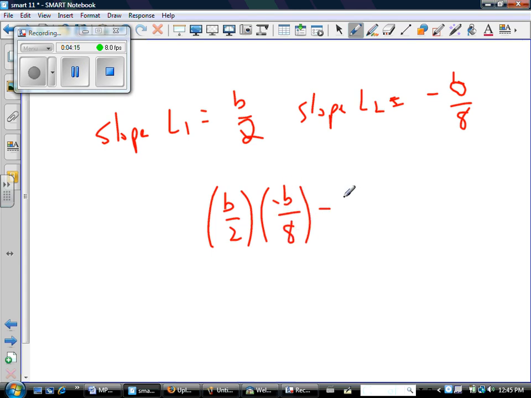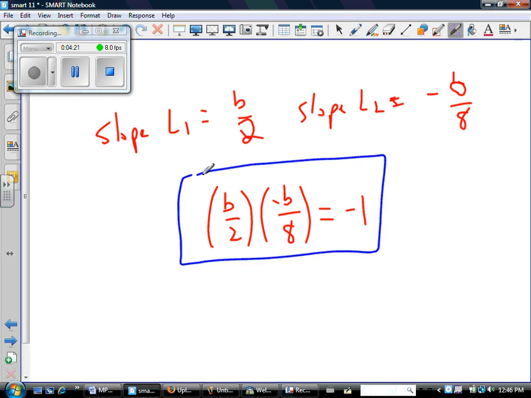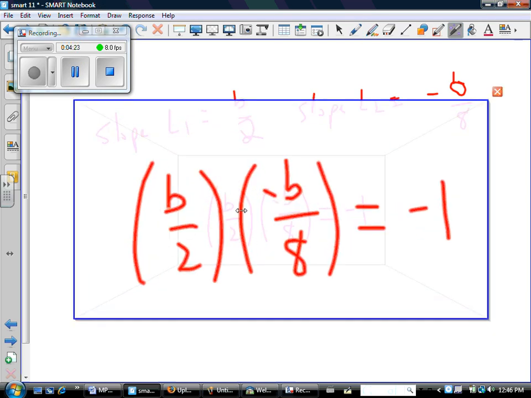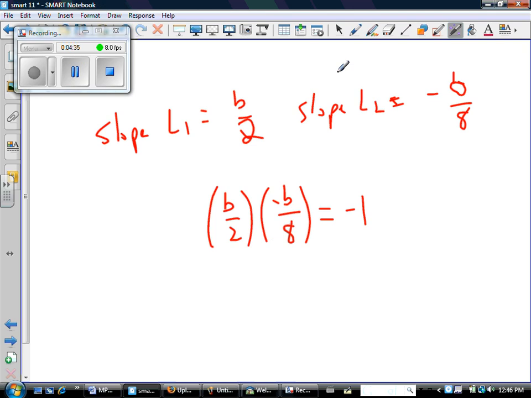So let's look what happens. We have found the slope of both lines. One was b over 2, and the other was -b over 8. And then we know that they're perpendicular, so they must multiply together to give -1. So this is now an equation where I'm going to try to solve for that unknown called b. So let's do that math.